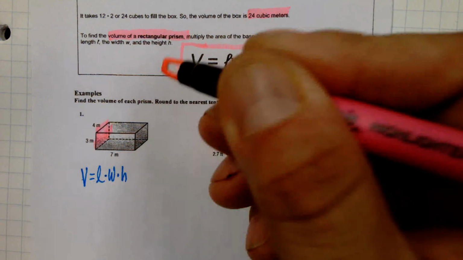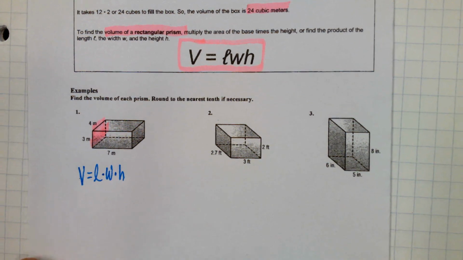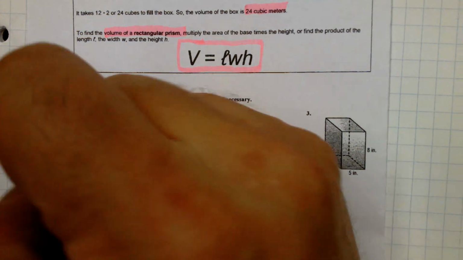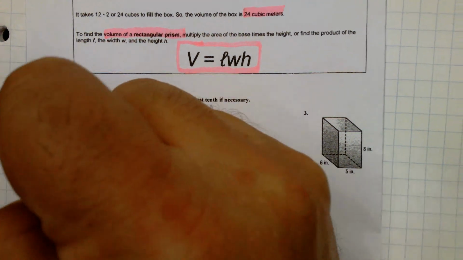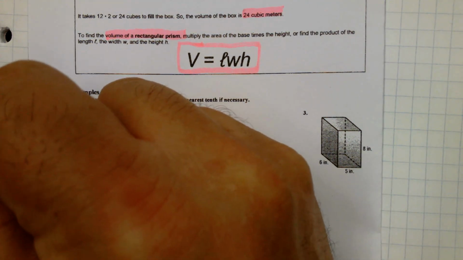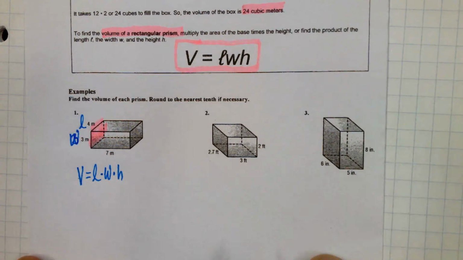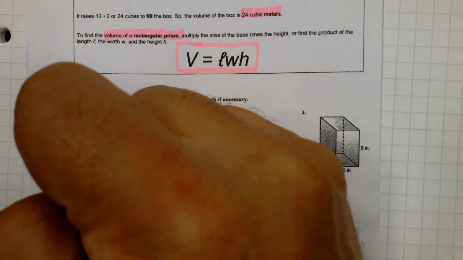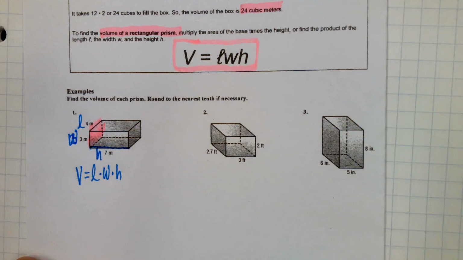I'm going to say this is my base, that rectangle there. So basically we would say, okay, I need a length. Let's say it's 4. I need a width. Let's say that's 3 meters. That should be W, by the way. And we need the height. I'm going to say this is the height. So it's 7.